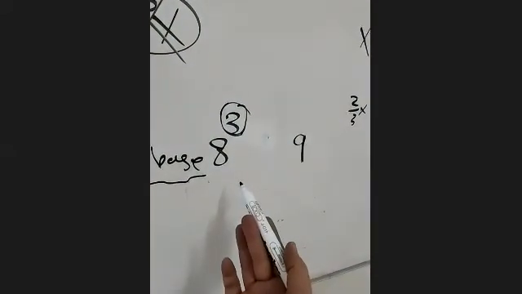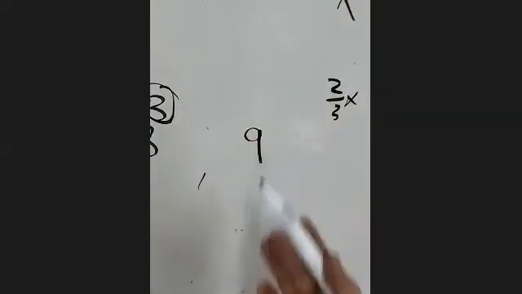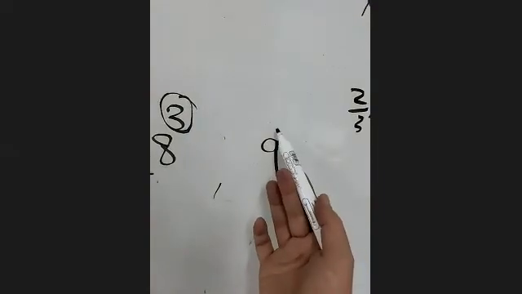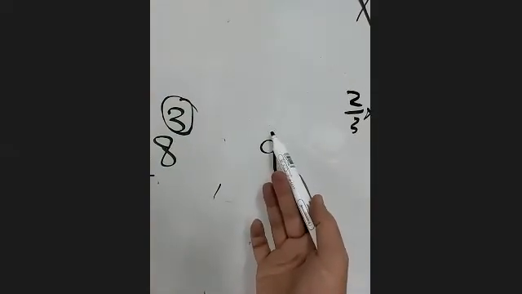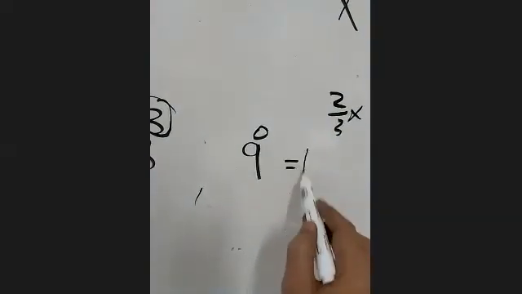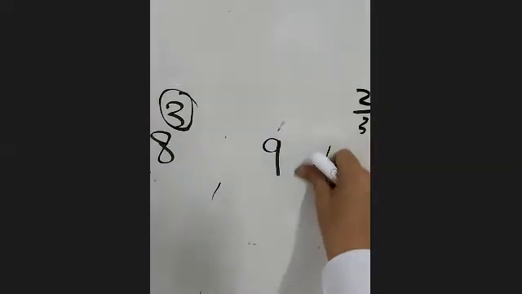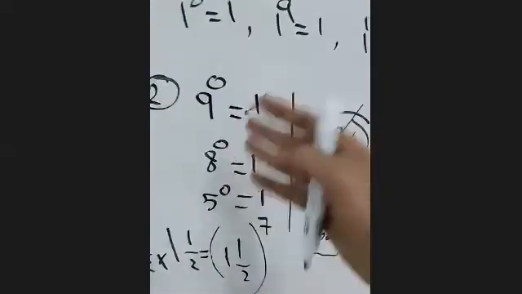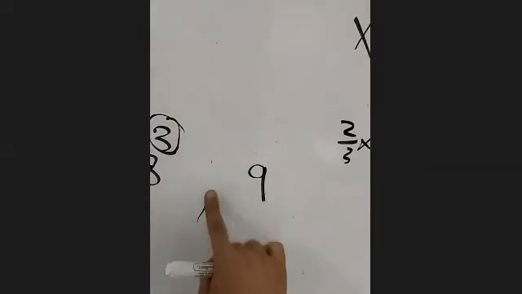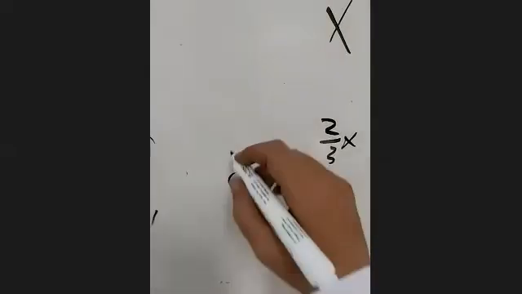Here, the power is 3, right? Up here, what's the power? Do we have a 3 here, mister? No, the power is not 0. We said any number to the power 0 is 1. What's the power here? We don't have a power. What's the power? Do you know? The power is 1.